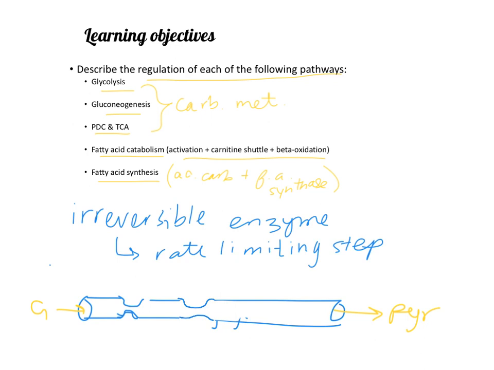So the irreversible step that catalyzes the rate limiting step in glycolysis is catalyzed by phosphofructokinase, PFK. And the reason that this is the most tightly regulated is because if you imagine that the pipe kind of gets thin here, but there's a valve.